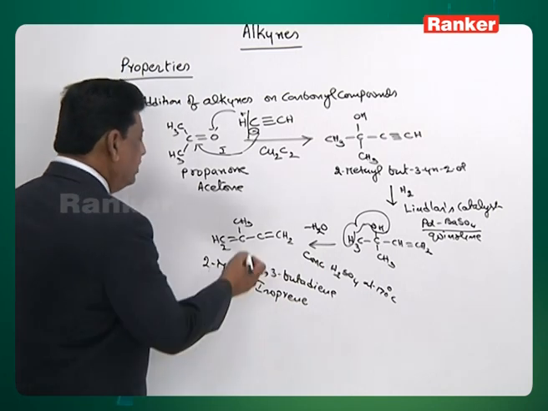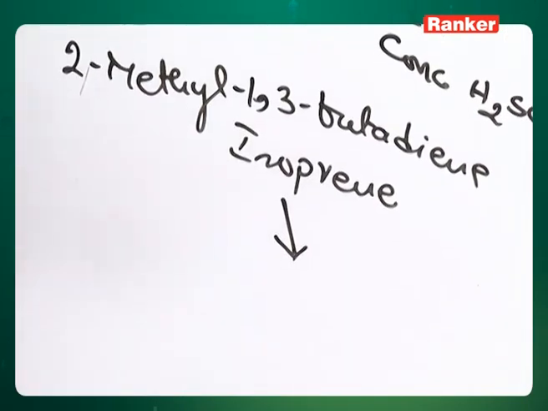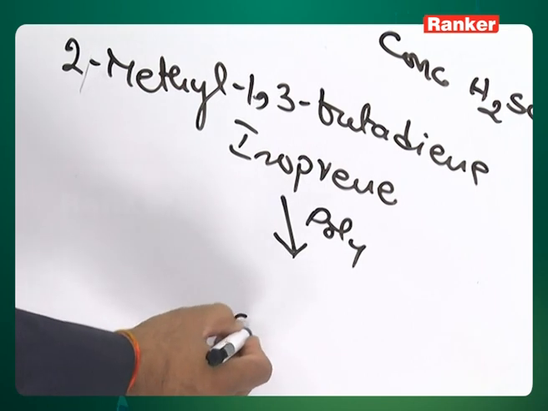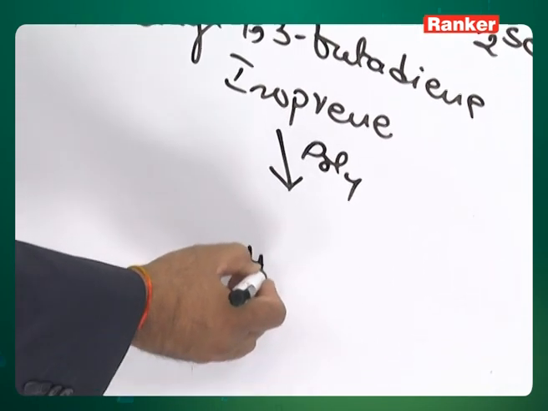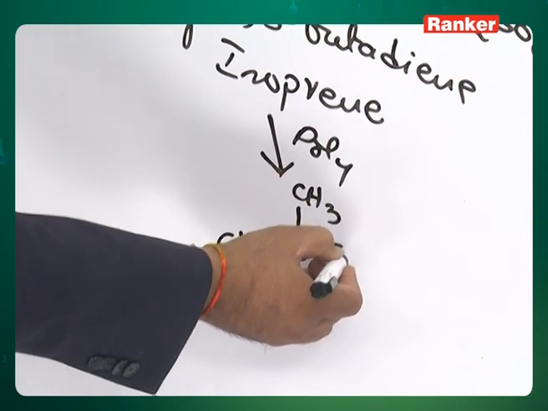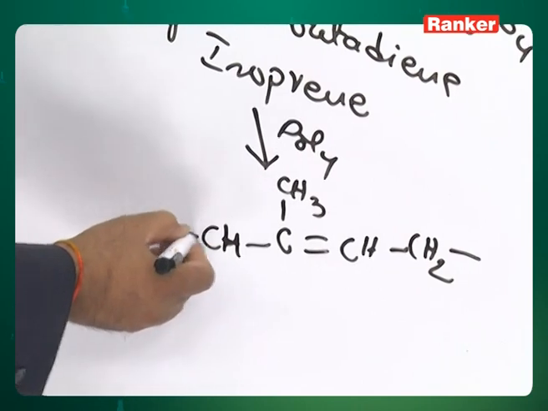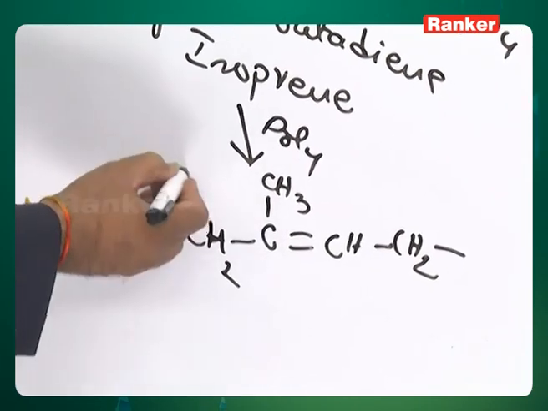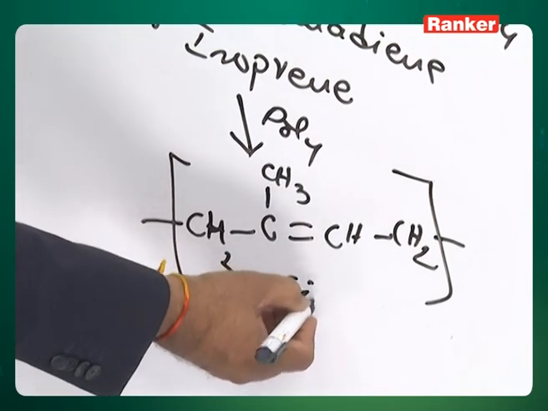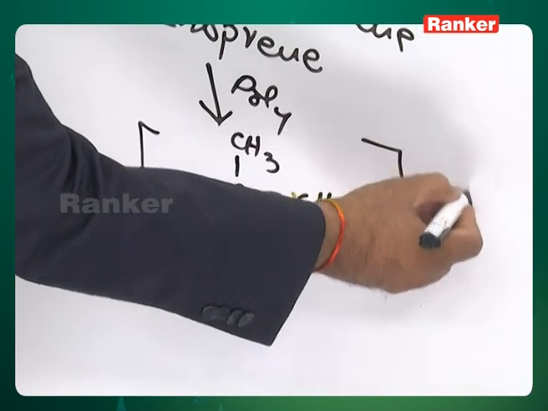So when you polymerize this isoprene, you will get a long chain polymer having the double bond in the center. At this double bond, if the compound is a cis type of compound, this will be nothing but natural rubber.